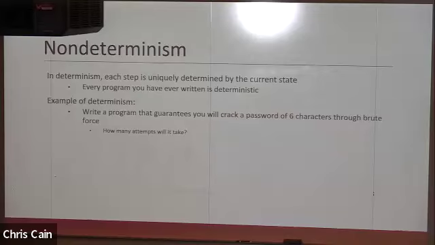Some expression. Upper bound on the number of attempts it will take. If it's the last one you check. Isn't it like the factorial of? So it was uppercase and lowercase letters and digits. Yeah. So there are 26 uppercase, 26 lowercase, 10 digits, 0 to 9, 62 possibilities.